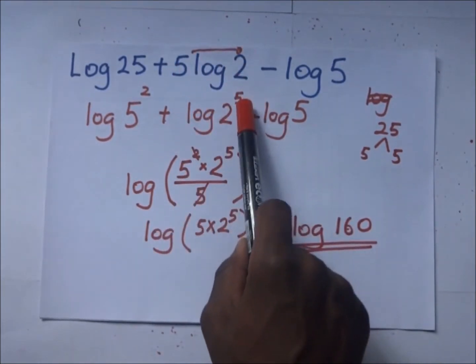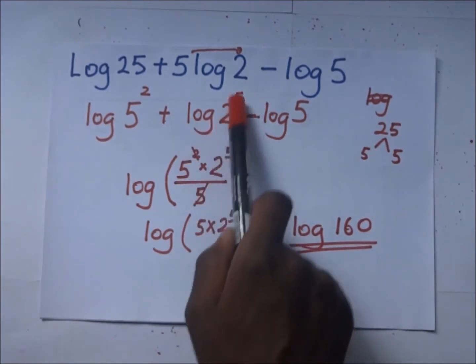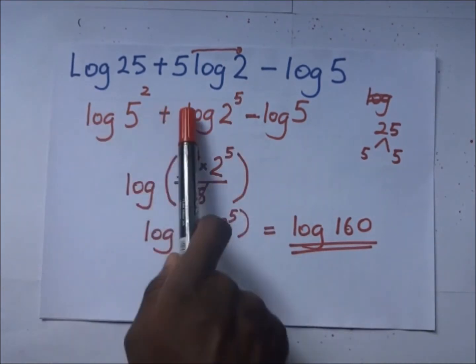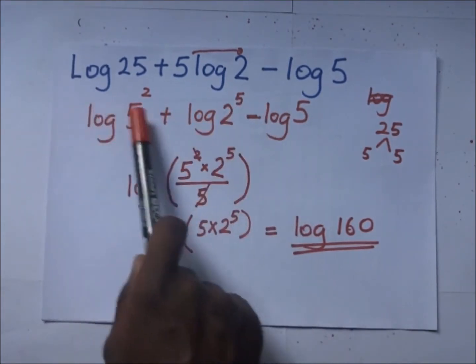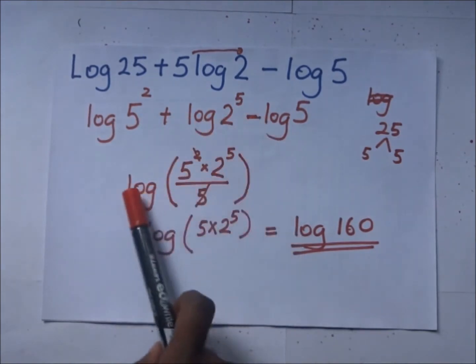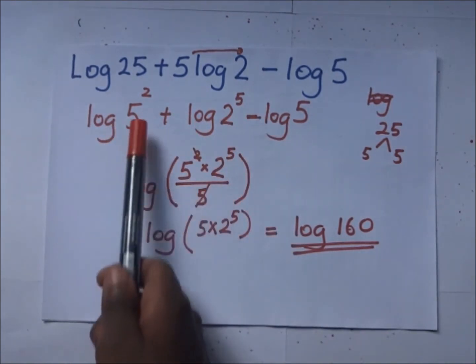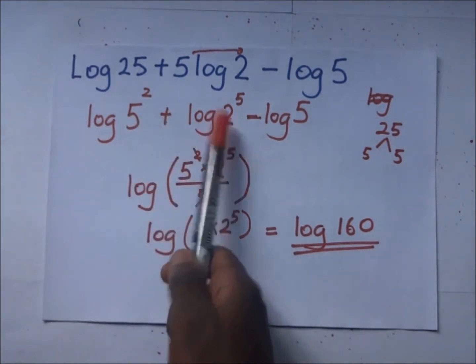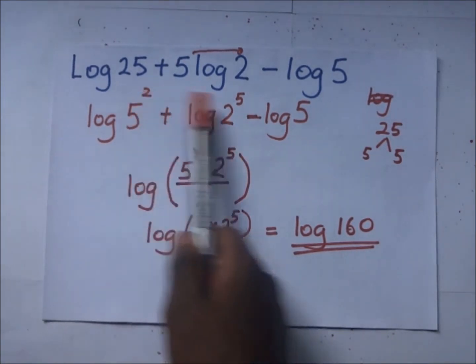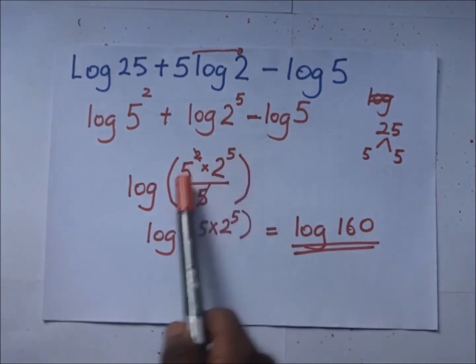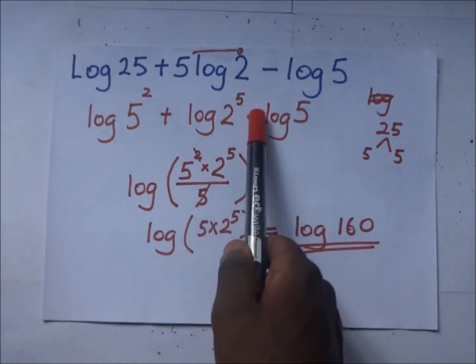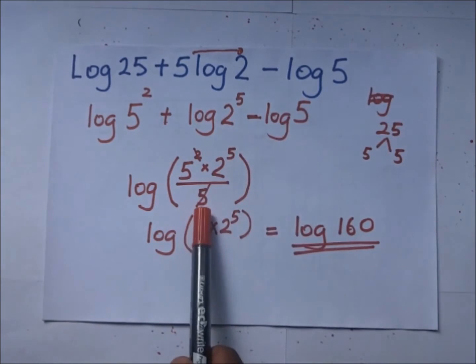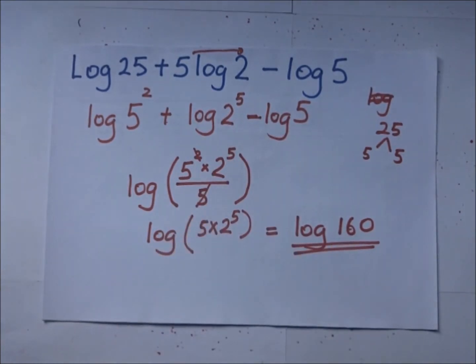That is why we have it in the next step like that. After making sure that each coefficient of the logarithm was 1, we went ahead and applied the properties of logarithms. When you're adding, you multiply these numbers: 5 times 2 to the power 5. Divide that by 5 because it's minus, and we get our answer like that.